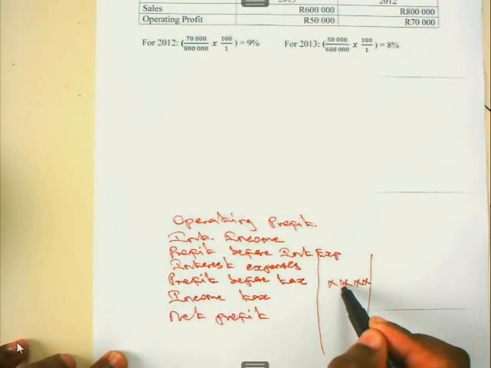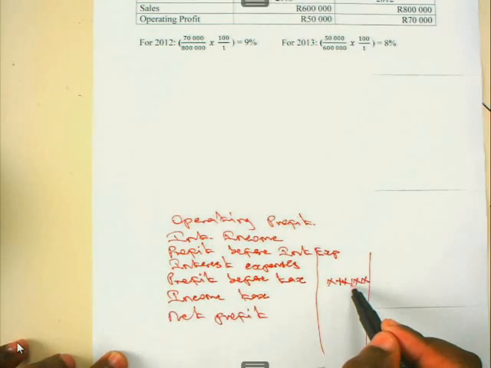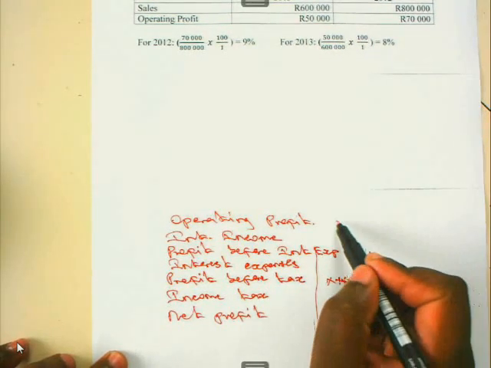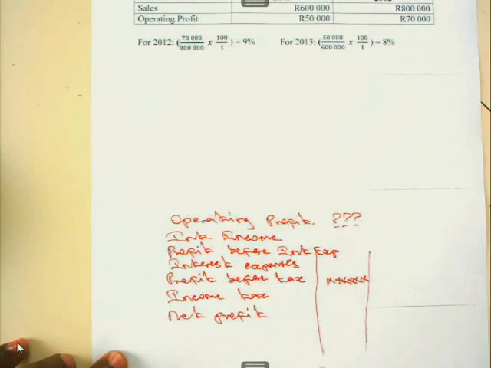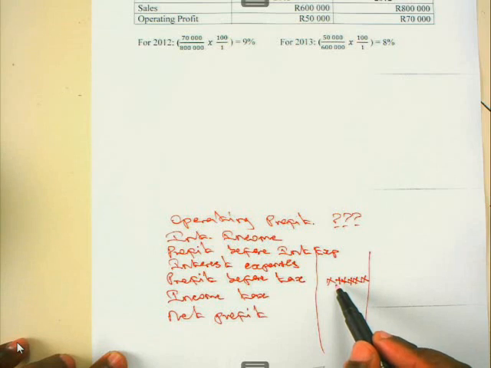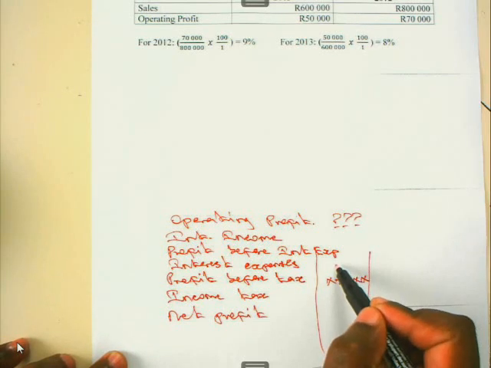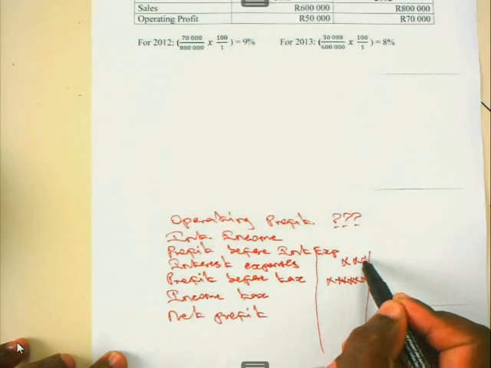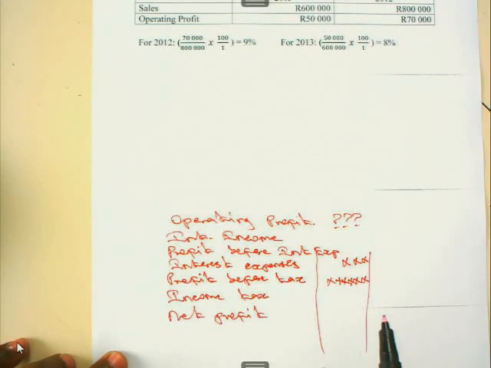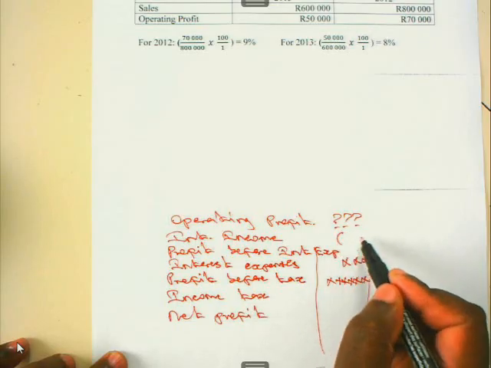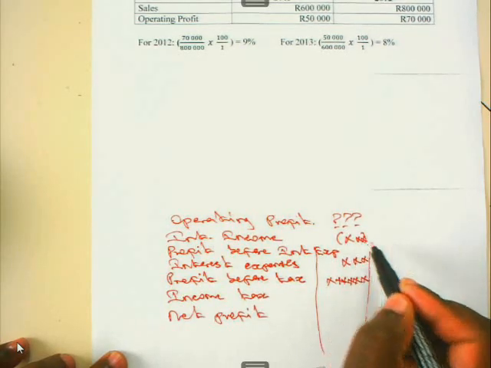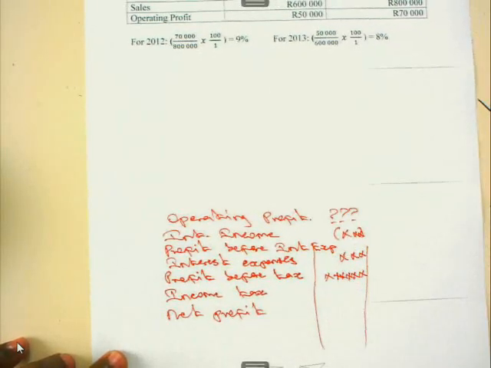If there is information missing and you are not able to find your operating profit, you'll take this profit before tax, you add the interest expenses, then you subtract the interest income, because you are doing a reverse calculation.